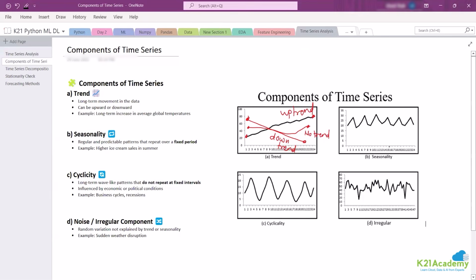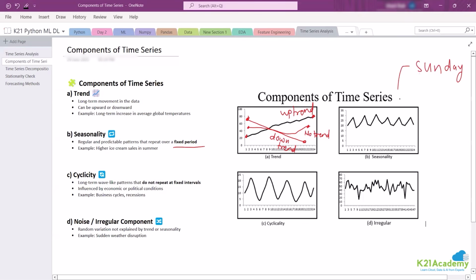Okay, now another component is called seasonality. These are regular and predictable patterns that repeat over a fixed period. So here we can say that the traffic is always low on Sunday, since no work is happening and Sunday is always a holiday.